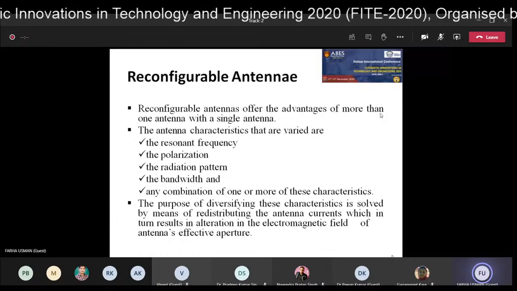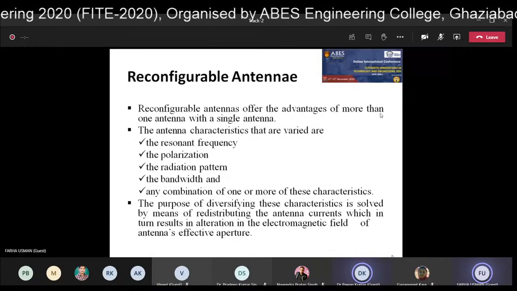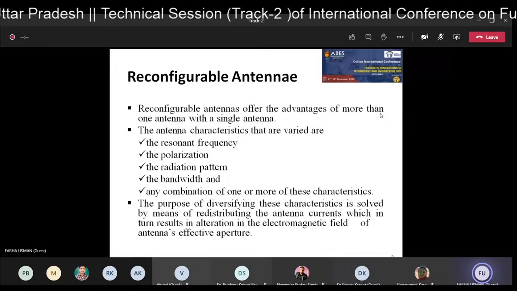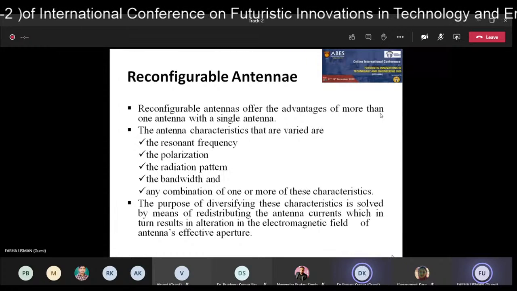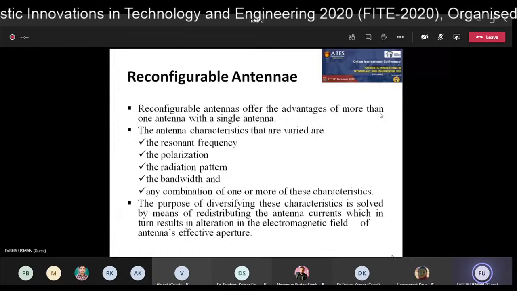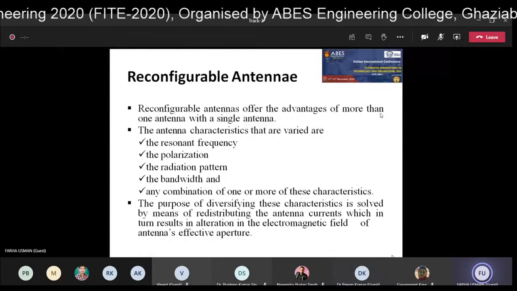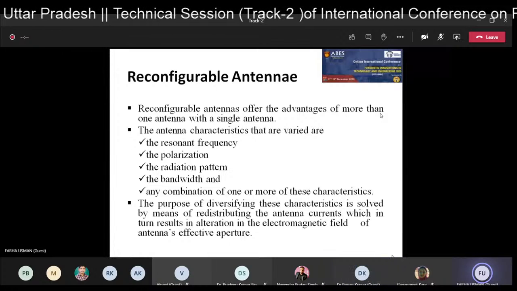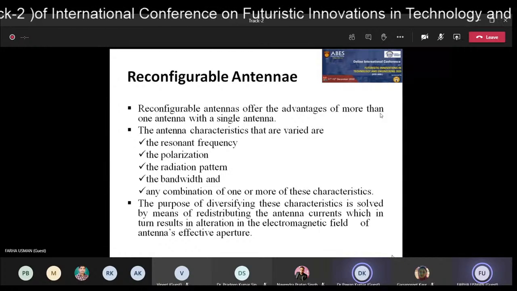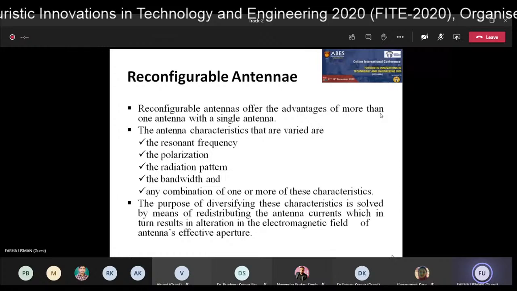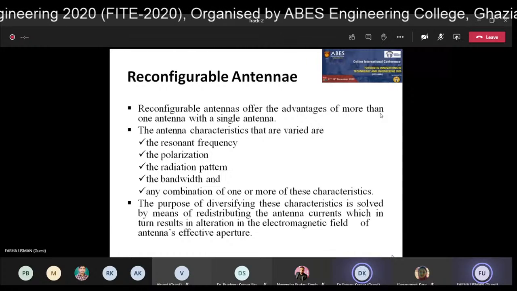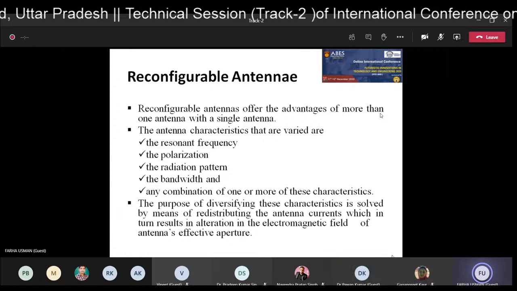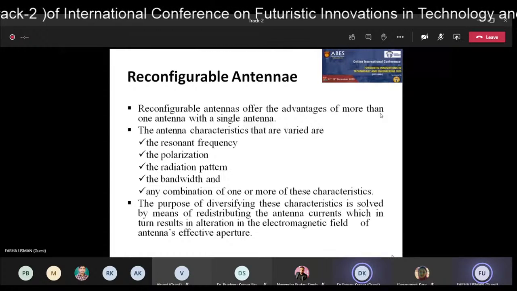Reconfigurable antennas are antennas capable of modifying their frequency of operation and characteristics, that is polarization, radiation pattern, bandwidth, or any combination of these, in a controlled and reversible manner. This is achieved by redistributing the antenna currents, which alters the electromagnetic field of the antenna's effective aperture.